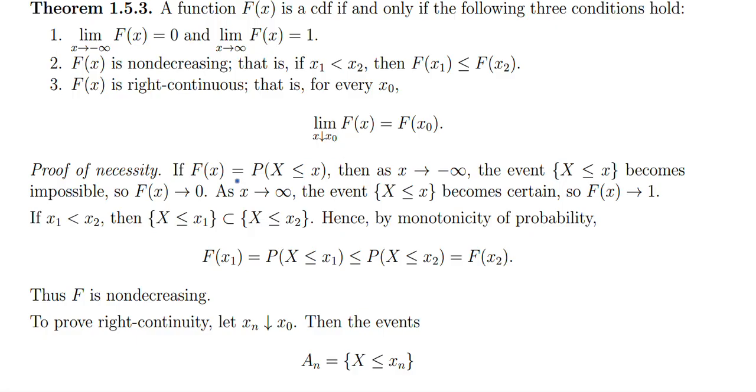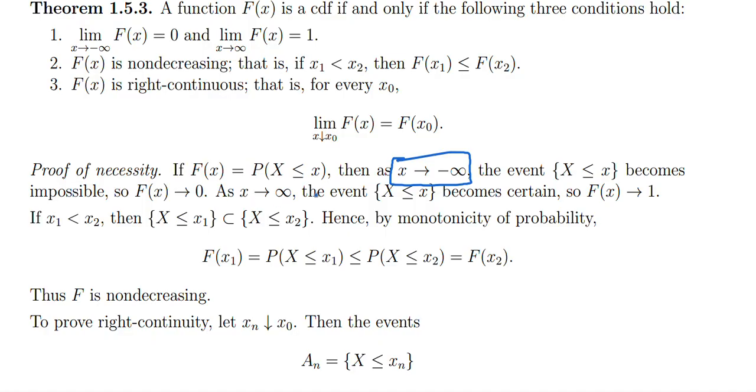So now F(x) equals the probability that X is less than or equal to x. When x approaches minus infinity, the event X less than or equal to x becomes impossible. So F goes to 0 as x approaches minus infinity.